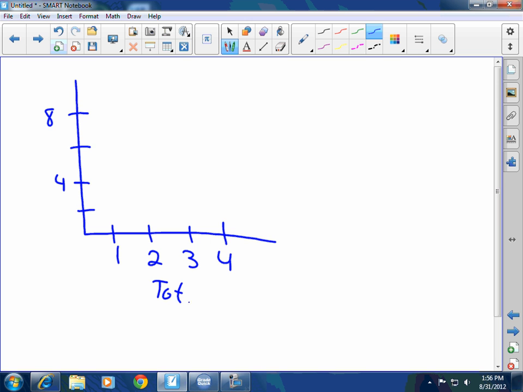This is total games, and this is the cost per person, in dollars. And then at 1, it's here between the 2 and the 4, so that's $3. At 2, it's at the 6. At 3, it's at the 9.